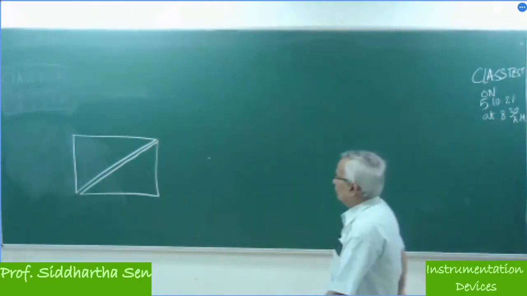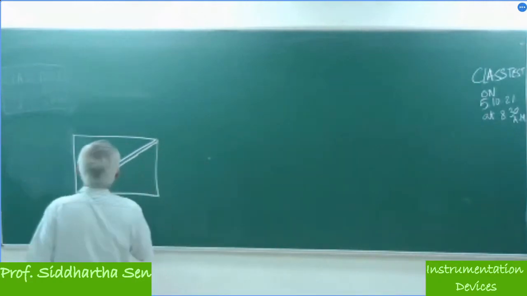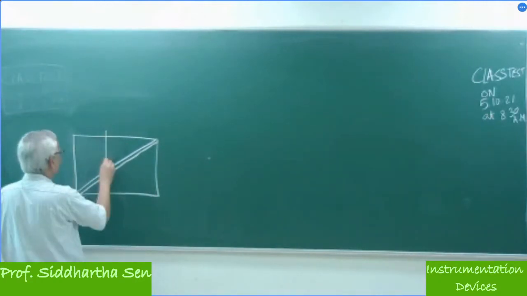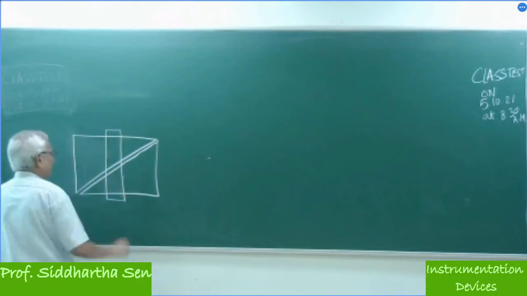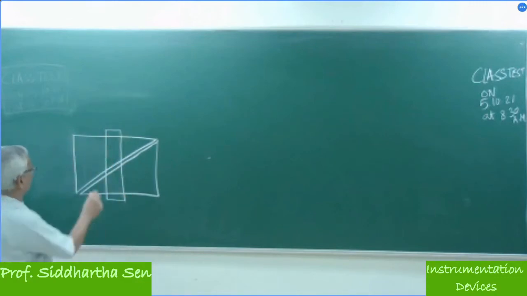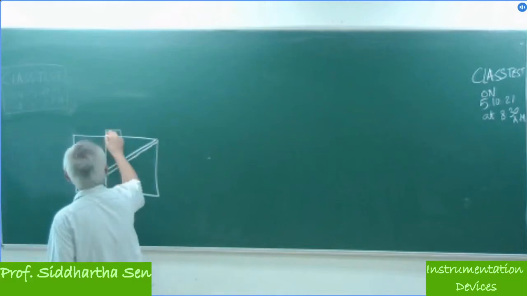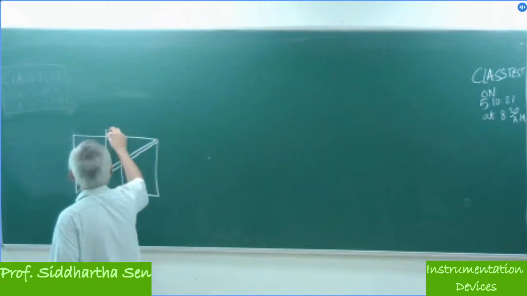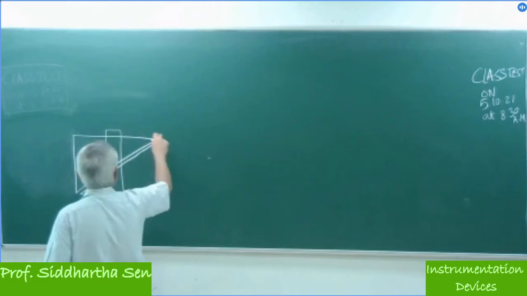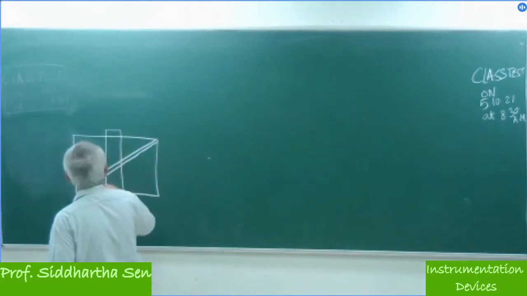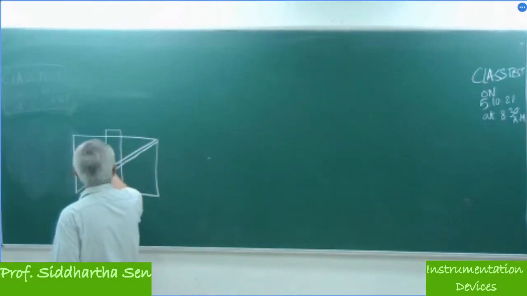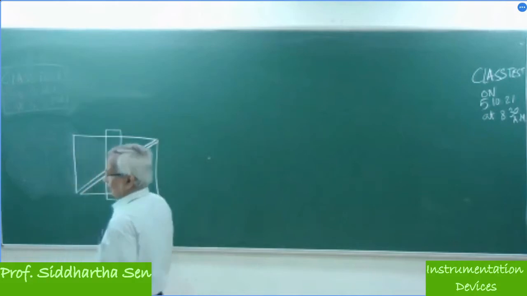Okay. So this was a rectangular plate and over which I have placed another rectangular plate. Something like a jockey with which I can slide over this one, but there is always some gap maintained between the fixed plate as well as the moving plate.